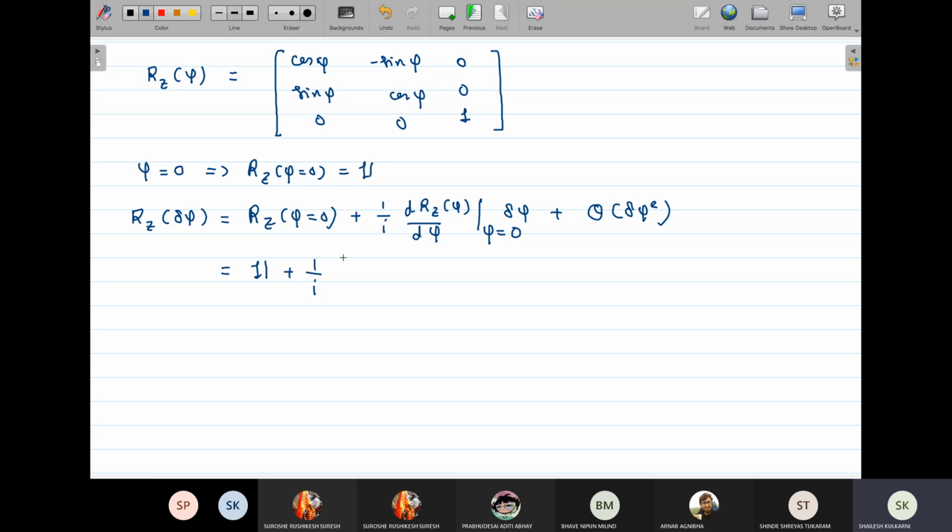So what will this be? This will be a matrix, right? What is that matrix? Sin phi will be 0, cos phi is 1 so minus sin gives minus 1 and plus 1 in the off-diagonal entries, and all the other entries are 0.